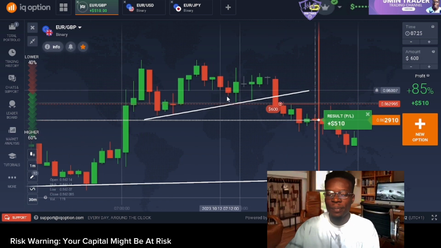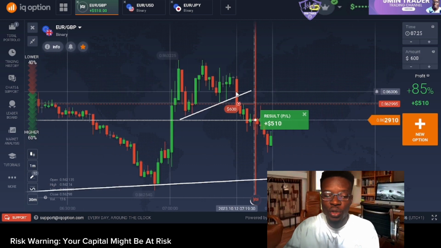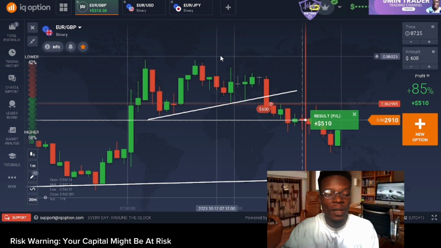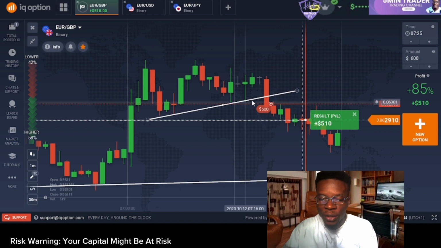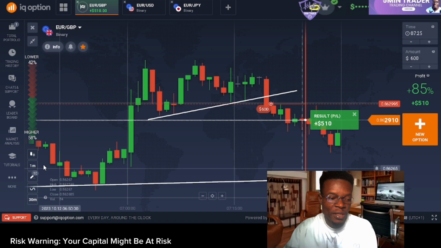Though I knew that the price is supposed to fall, instead I was having a flag formation on this level because I was having higher lows, and the price is refusing to create higher highs. So you see, higher lows on this support level and lower highs on the retracement level, on the resistance level.